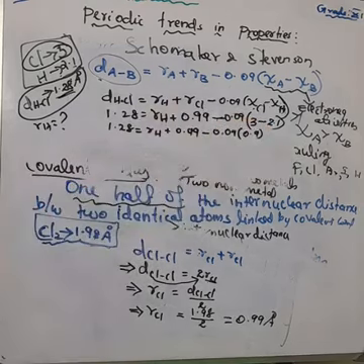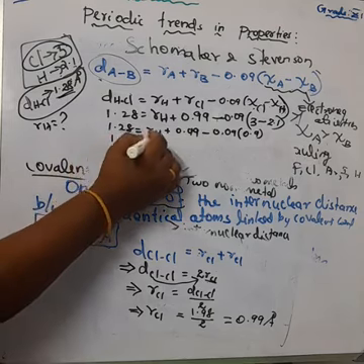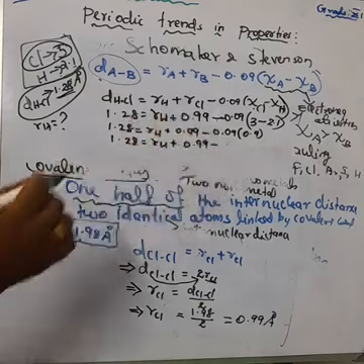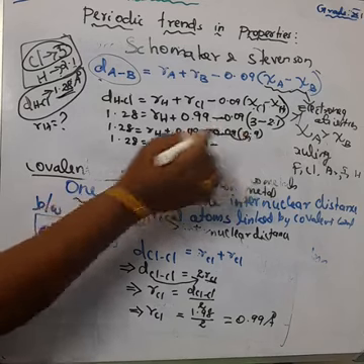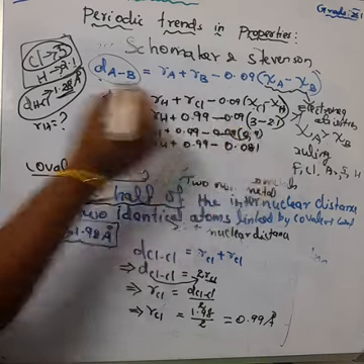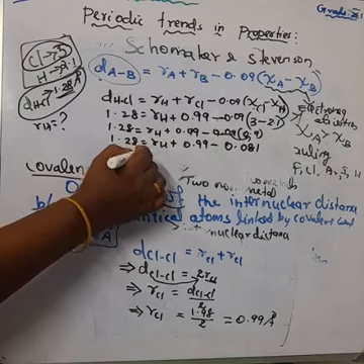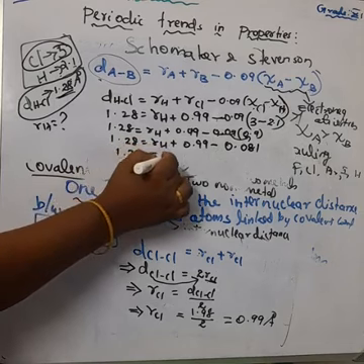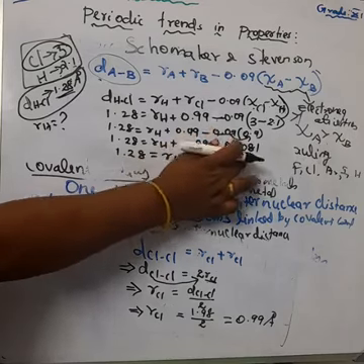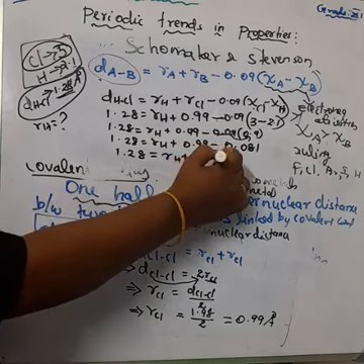Next, 1.28 is equal to R_H plus 0.99 minus, by multiplying 0.09 into 0.9, we get 0.081. Here we subtract these two values: 0.99 minus 0.081 gives 0.909. Understood?